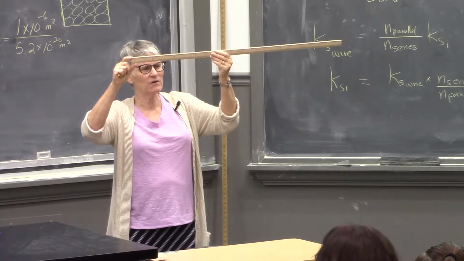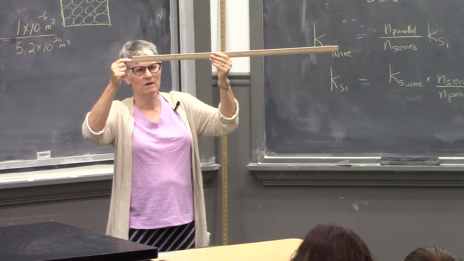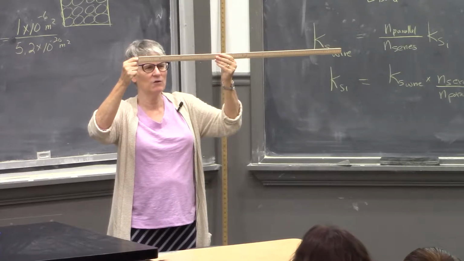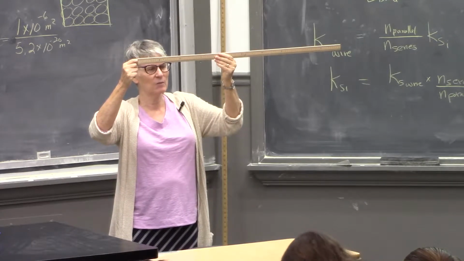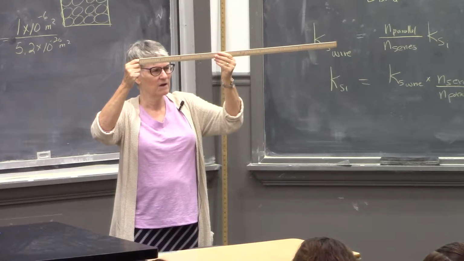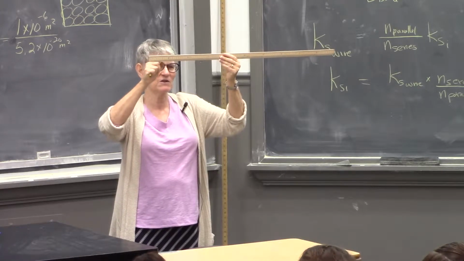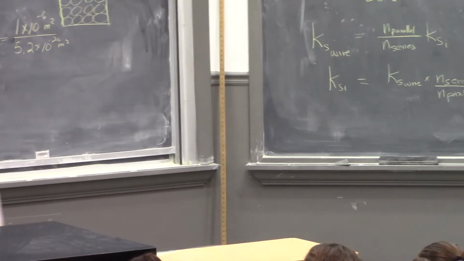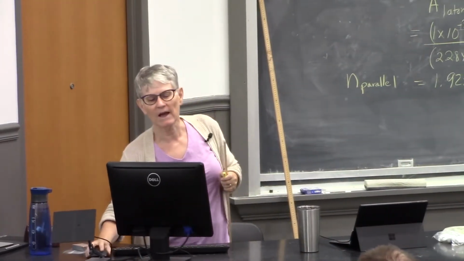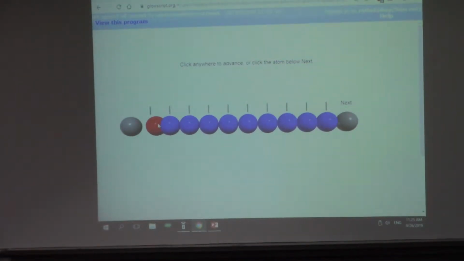Suppose I just tap on the end of a bar. Well, think about what this is doing to the atoms in this bar of metal. It makes the atom on the end move in, right? But that compresses an interatomic bond between this atom and the next atom. And so now there's a force on this atom, and it's going to move, but now it's compressing the next spring. So something like this is going to happen. If we move that atom, now we're not drawing the springs here, but imagine the springs.